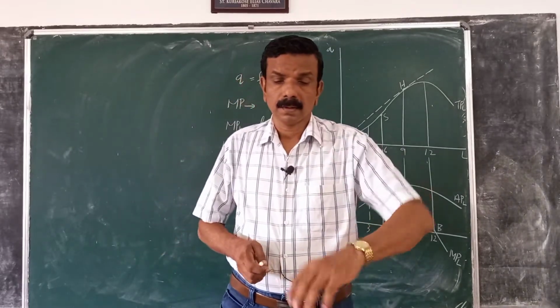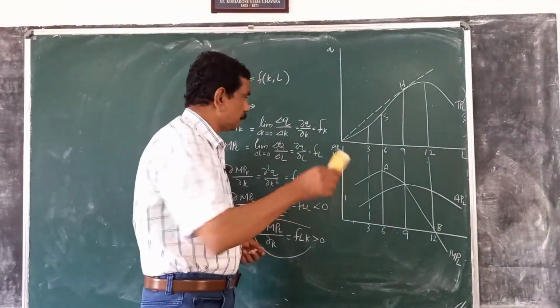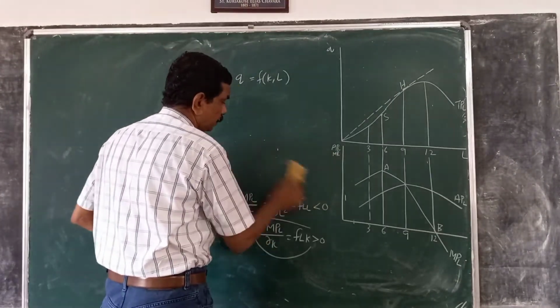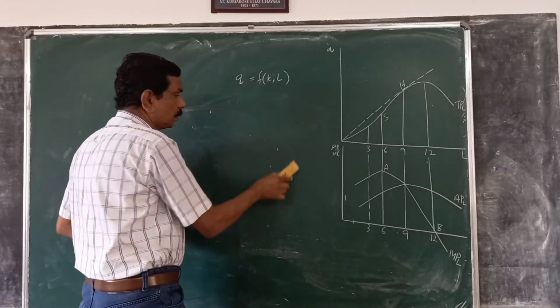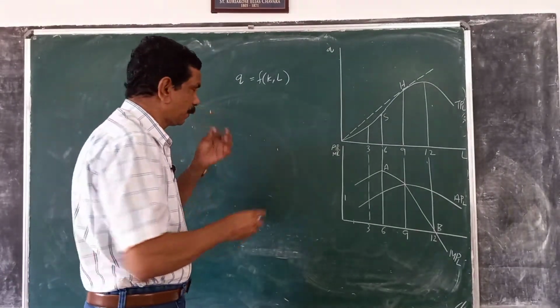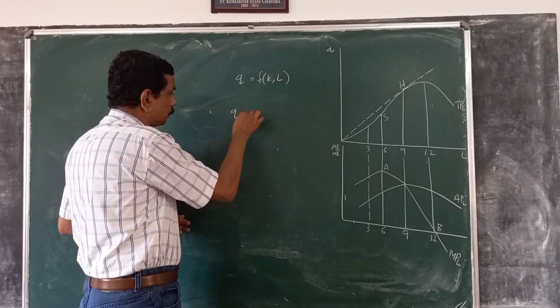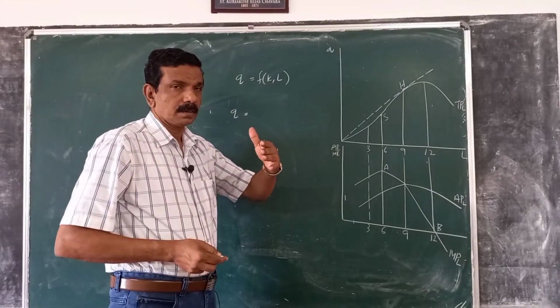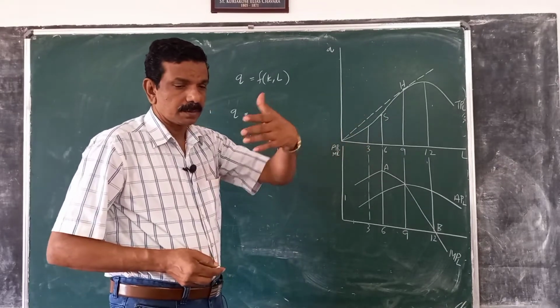Now we consider a specific production function to explain these points, the behavior of marginal product and also average product, which we will see.